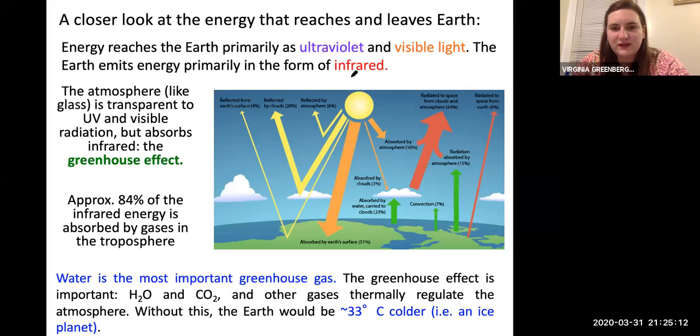And so, of course, here in the center of our diagram, we have the sun, wearing his sunglasses. Okay. And what we'll see is that most UV and visible light passes through the atmosphere. And the infrared is largely retained. And the retention of that infrared light is what we call the greenhouse effect.